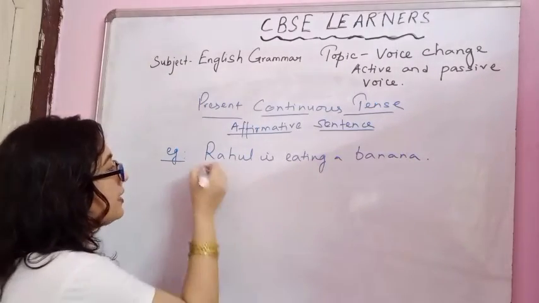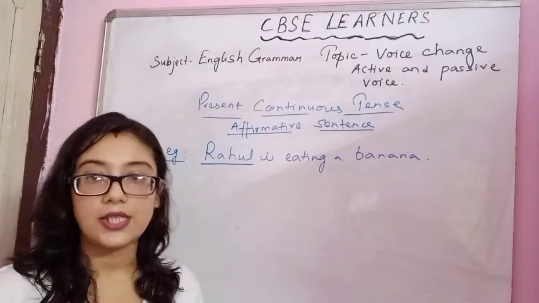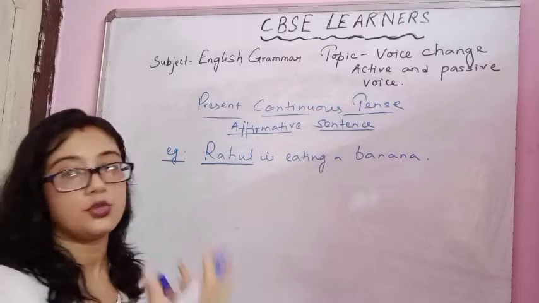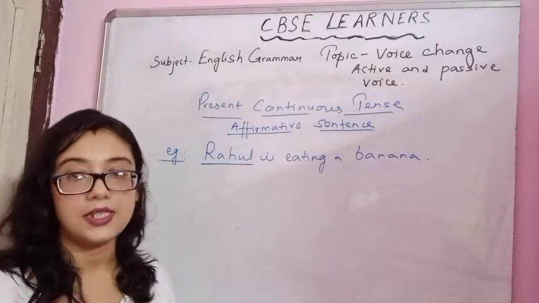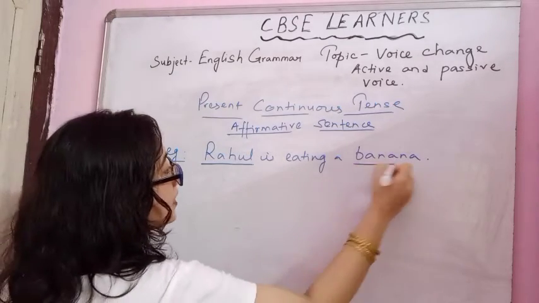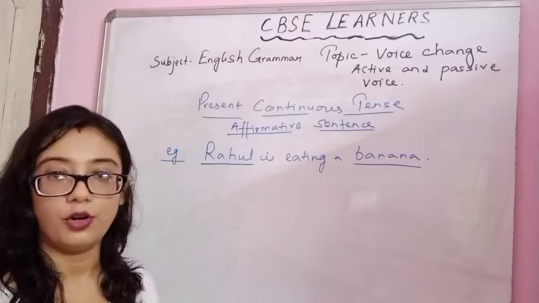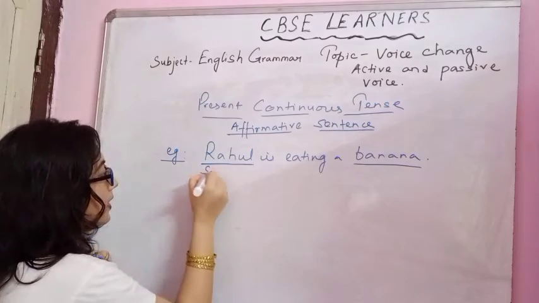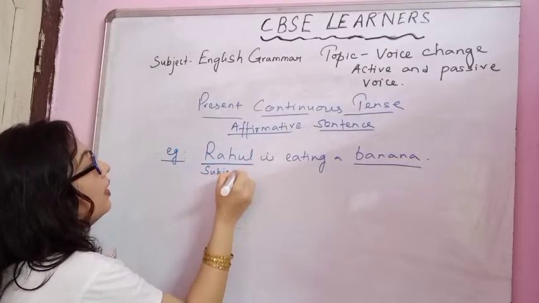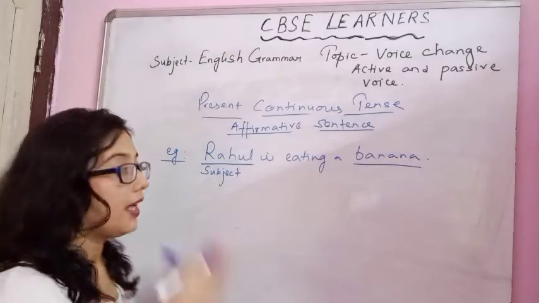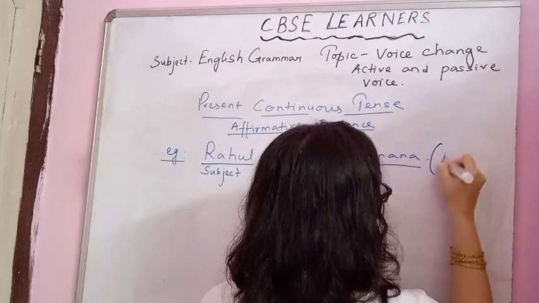Here we can see the focus is on the subject Rahul, who is eating the banana, and the work he is doing is the object, that is he is eating a banana. So here banana is the object. Why? Because banana is receiving the work, isn't it? So Rahul is the subject. Since the focus is on the subject, we can say that this is an active voice.